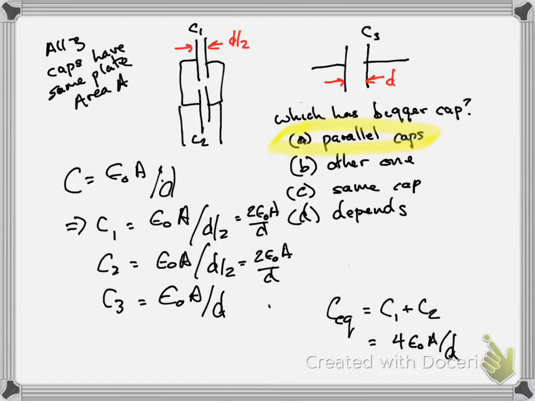It's like making the plate area twice as big, because we're literally putting charge on both that plate and that plate. So we've got twice the area to put charge on, and that's going to increase the capacitance. So even if they had the same D, this would be a bigger capacitance.